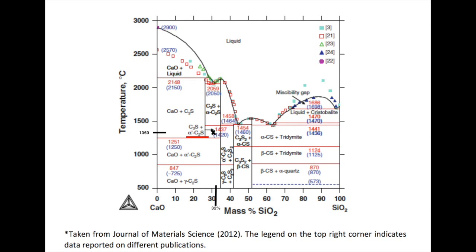So now what's left to do is just locate the point that is going to be inside the intersection of those lines. And then we're going to find out that the final phase of belite is going to be alpha prime. So that's how you use this graph.